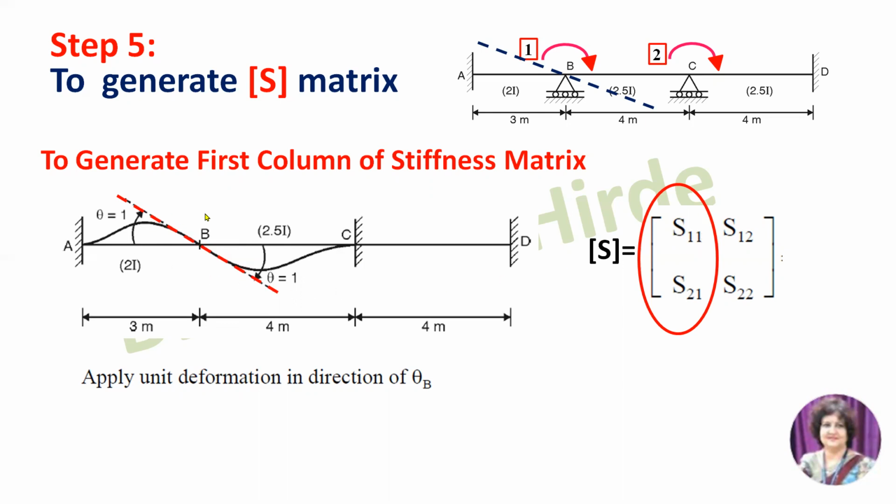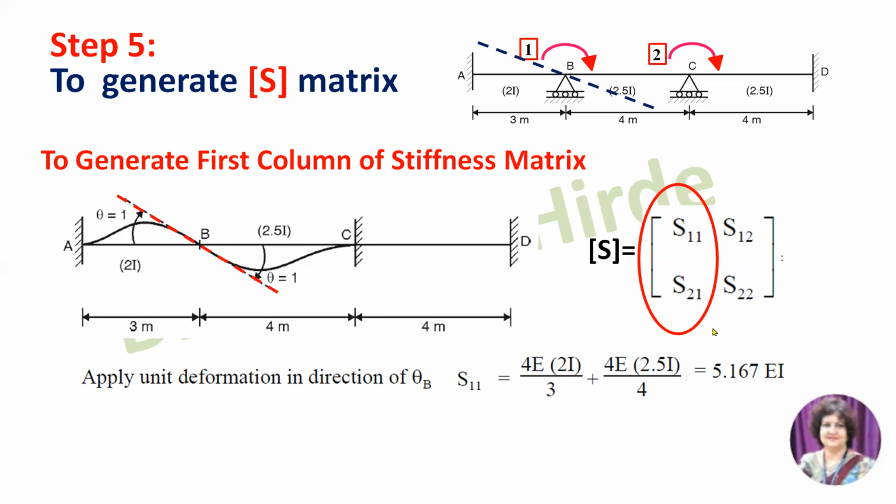When we give unit rotation at 1, both the members BA and BC rotate, and therefore we have to add the moment developed in member BA as well as BC. So S11 is 4EI by L of member BA and 4EI by L of member BC. So S11 is 5.167 EI.